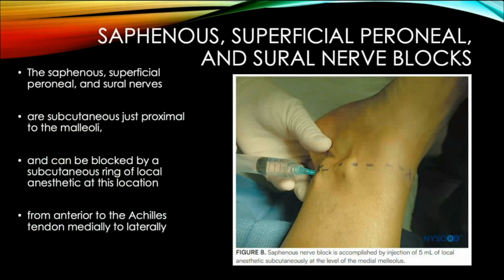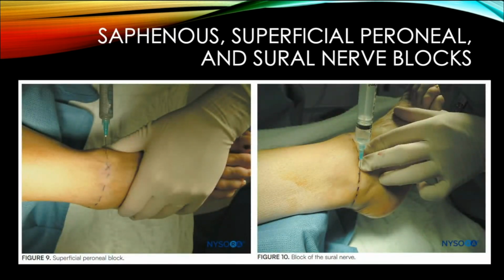The saphenous, superficial peroneal, and sural nerves are subcutaneous, so we can block them by giving a ring block, from anterior to the Achilles tendon, medially to the lateral side of the foot. This picture shows how we give the block of the superficial peroneal nerve and also the block of the sural nerve.